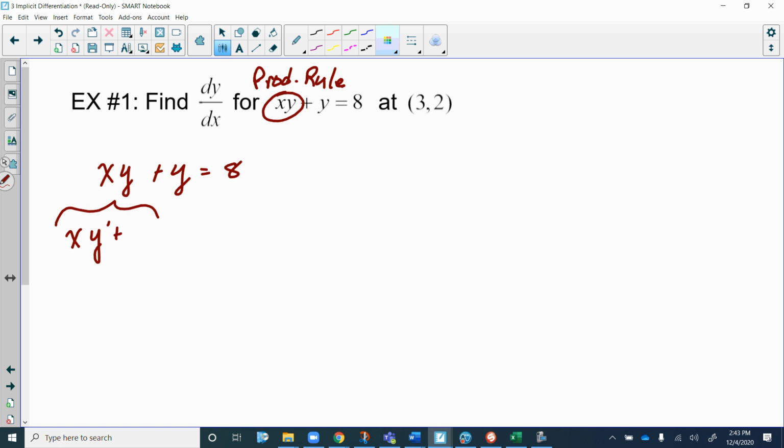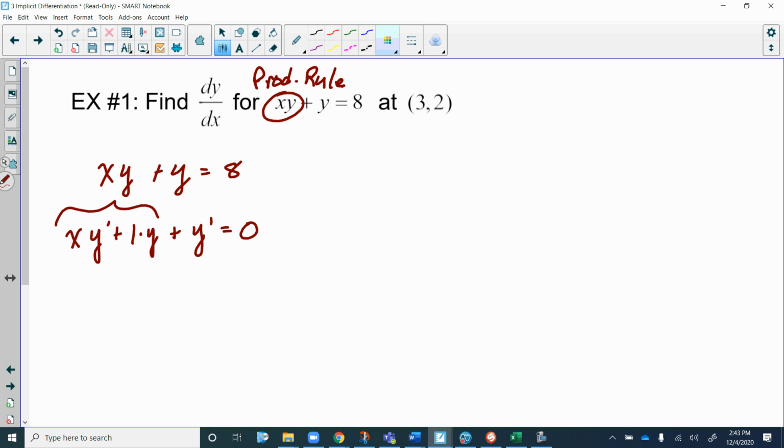Then the sum, so the derivative of x is just 1. So if you want to write the 1, you can. And we leave y by itself, so that would be 1 times y, or just y. And again, we're kind of using the chain rule on the y itself, but the derivative of the y would just be y prime, and the derivative of the constant is 0.